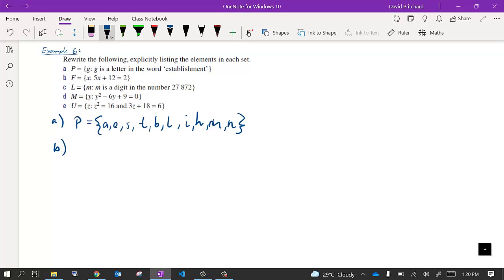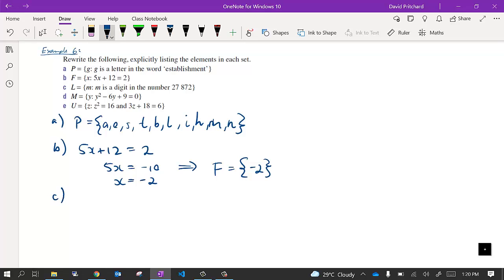We look at B, we've got an equation, so X such that 5X plus 12 is equal to 2. If we can solve this and get the values for X, then we can determine the elements within set F. So 5X is negative 10. X is equal to negative 2, and that leads us to F is a set with the element negative 2.